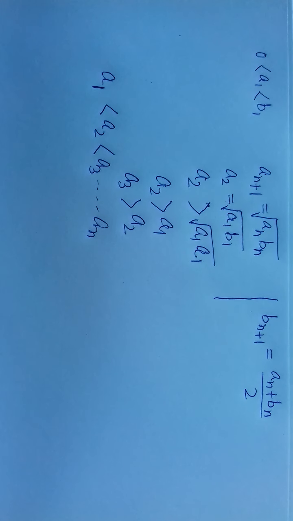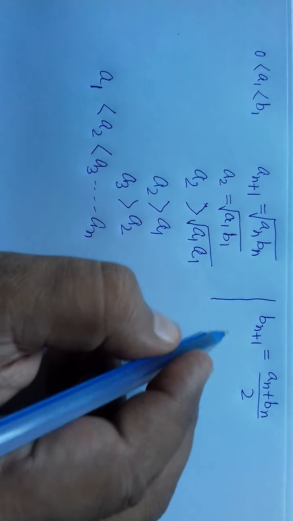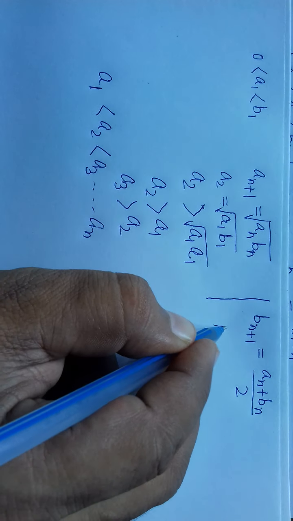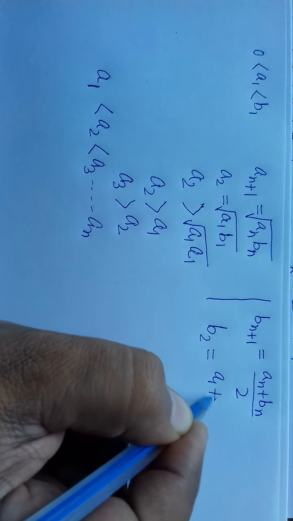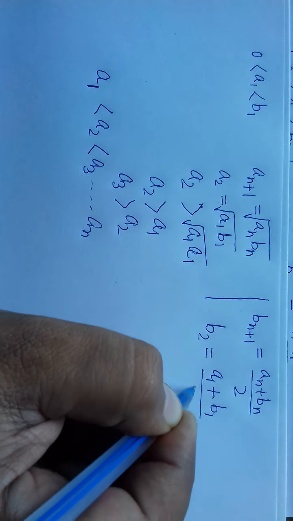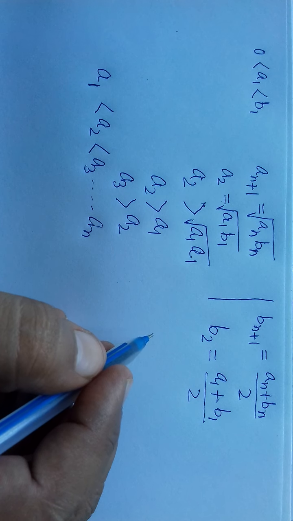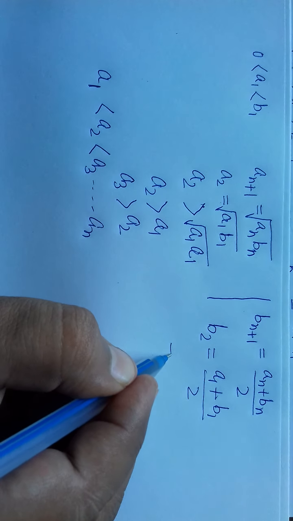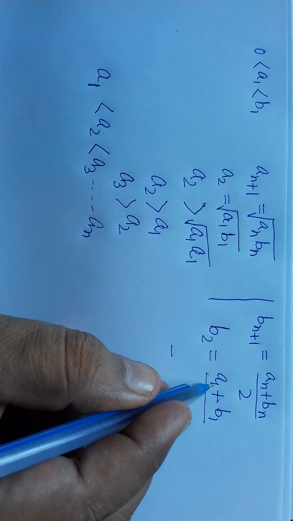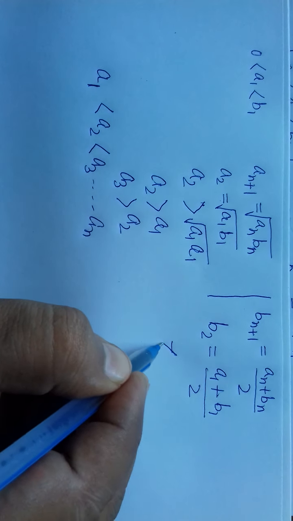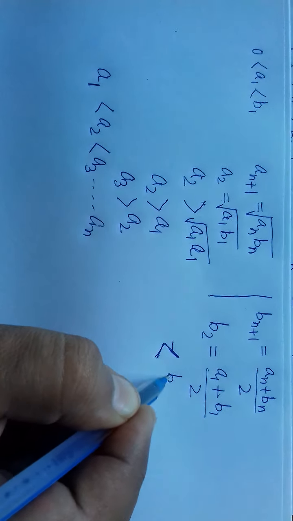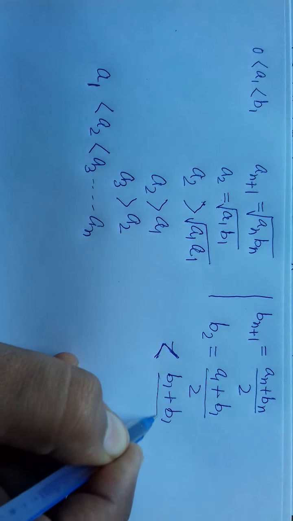Now we go for the other side. Here if we put n equals to 1, then this will be b2 and here will be (a1 plus b1) by 2. And similarly at the place of a1 we can put b1, but b1 is greater, so we have to give this sign: (b1 plus b1) by 2.